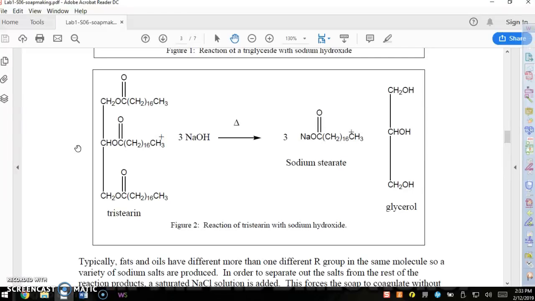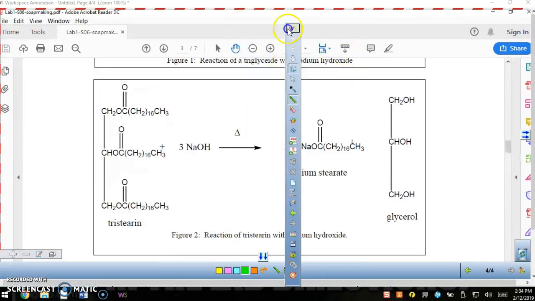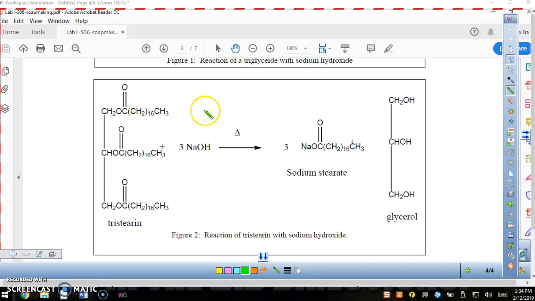Now, when we talk about these oils, or what are called fatty acids, we can also call them triglycerides, just something you'll have to listen to your doctor talk about as you get older.